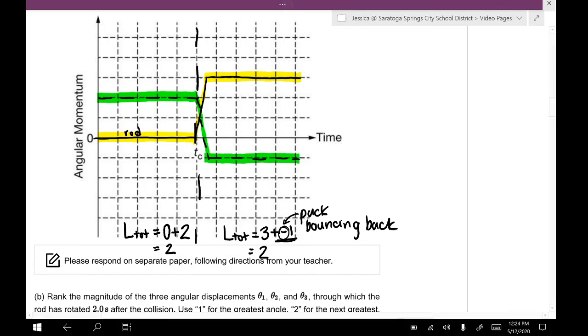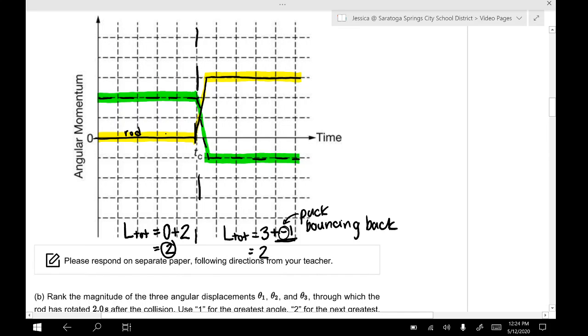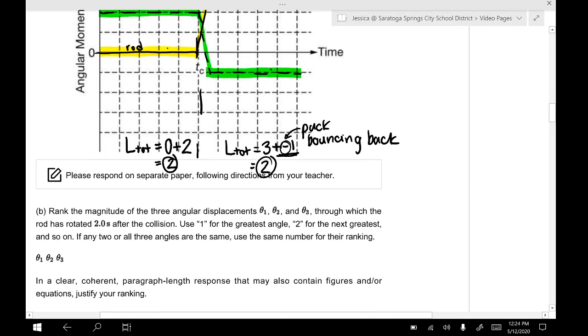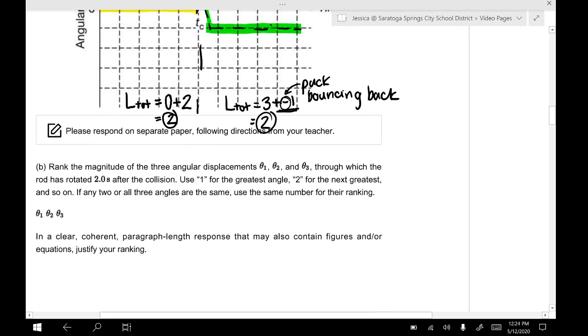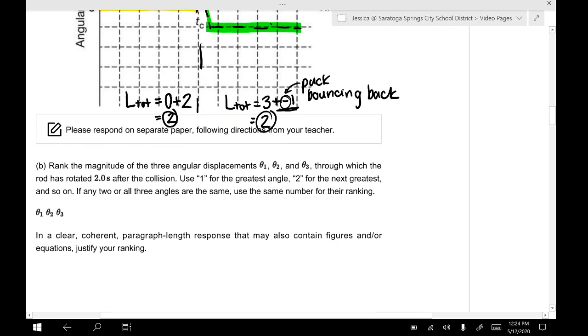The values I chose are based off of the fact that we need to conserve angular momentum. So my total value here is 2, and my total value here is also 2, keeping in mind that angular momentum is a vector. Okay. Then we want to rank the magnitudes of the 3 angular displacements, theta 1, theta 2, and theta 3, through which the rod has rotated 2 seconds after the collision.